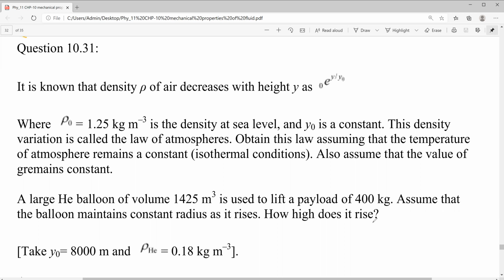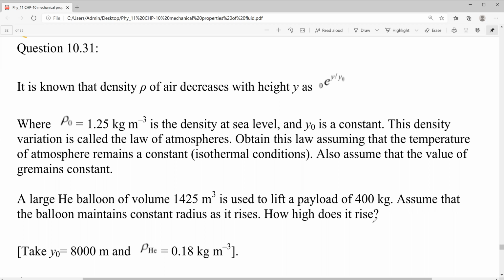A large helium balloon of volume 1425 is used to lift a payload of 400 kg. Assume the balloon maintains constant radius as it rises. How high does it rise? Y naught value they have given, and the density of helium they have given, that is 0.18.